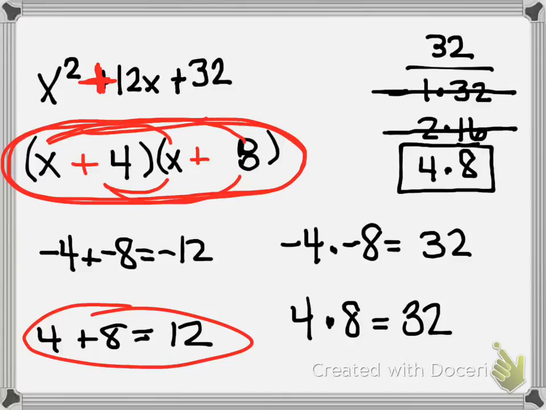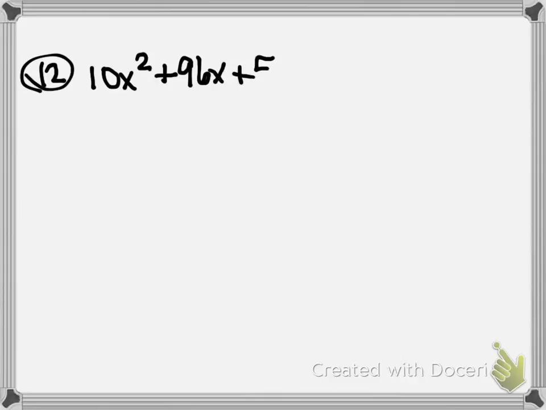So if you look down at number 12, 12 gets a little stickier because you have coefficients on your lead term that are not 1. And so let's look at this for a second.